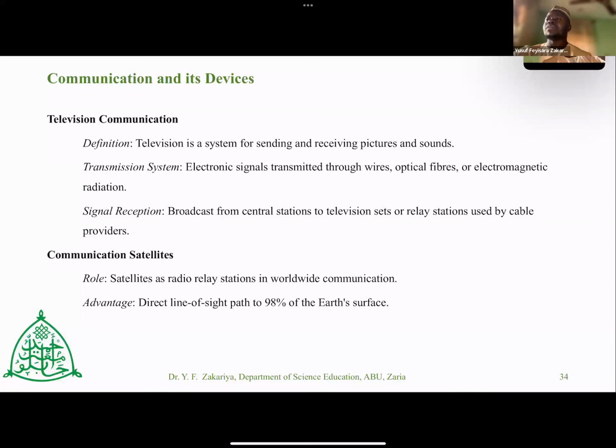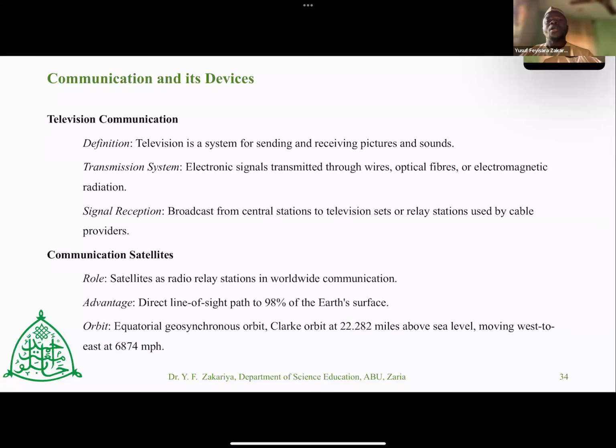When I say space, I'm talking about up in the sky. They orbit around the Earth so that they can provide signals to people on the Earth. So I think recently some African countries have started launching their own satellites into space, because usually we depend on Western satellites, like that of the US especially.